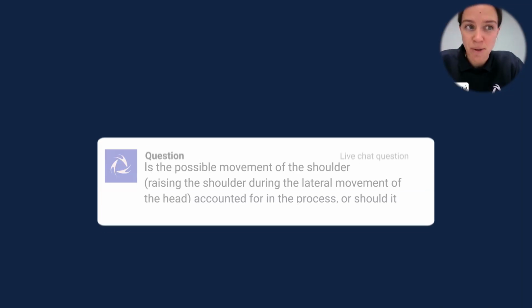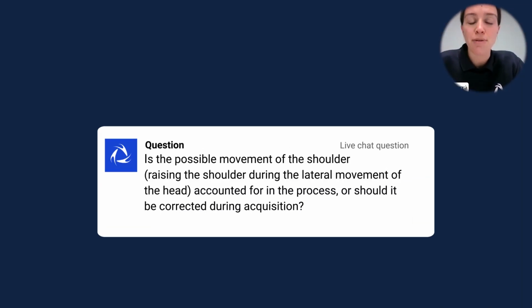One of the questions asks whether the possible movement of the shoulder, raising the shoulder during the side movement of the head, is calculated into the process, or should it be corrected during the acquisition? No, generally the trunk must be still during the performance of the movement, because we are interested in evaluating the movement of the neck joint.